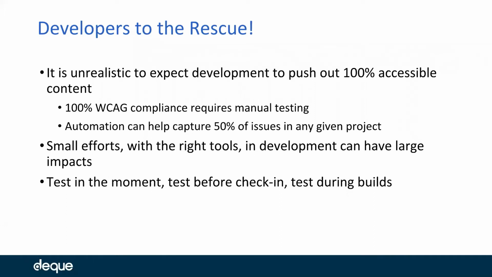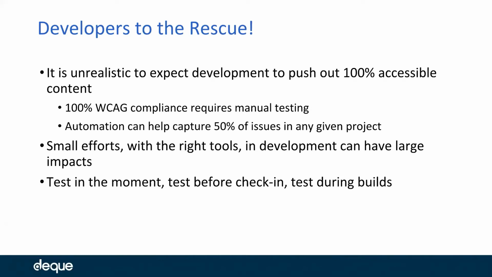So it's worth noting that it's completely unrealistic to expect all developers to push out 100% accessible content all the time. 100% WCAG 2.0 AA or 2.1 AA or whatever standard of compliance people are looking for necessarily requires manual testing, because it requires a human interaction, a human interpretation to be able to identify certain accessibility violations.